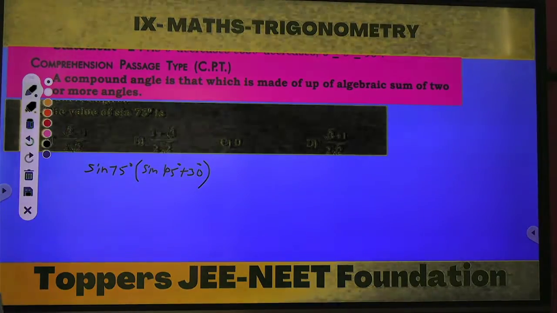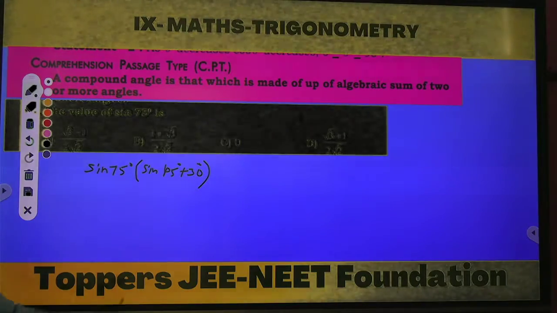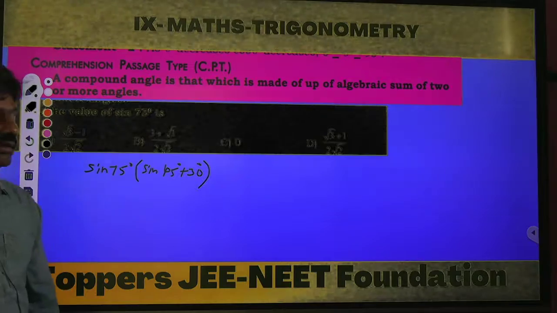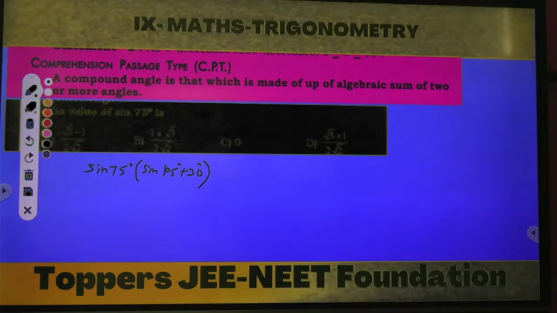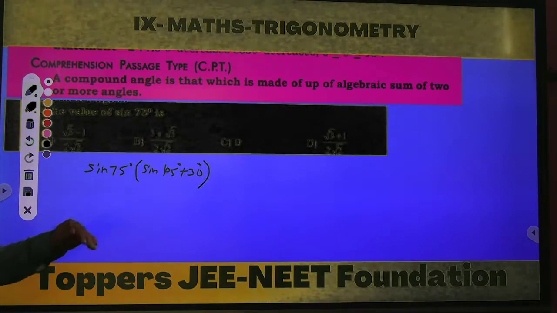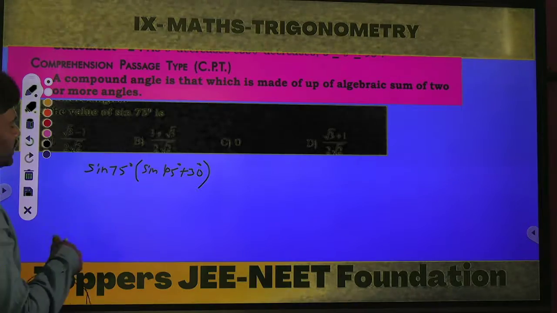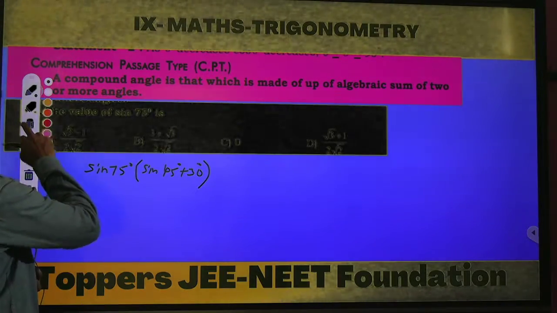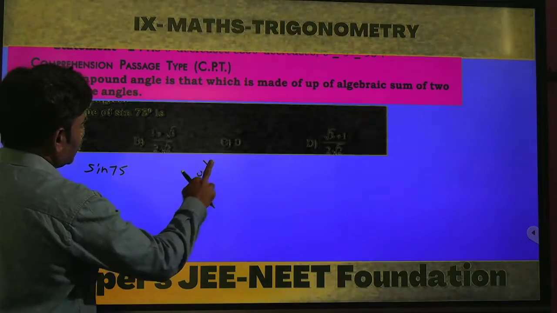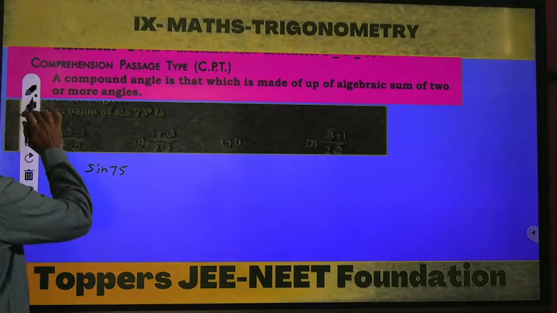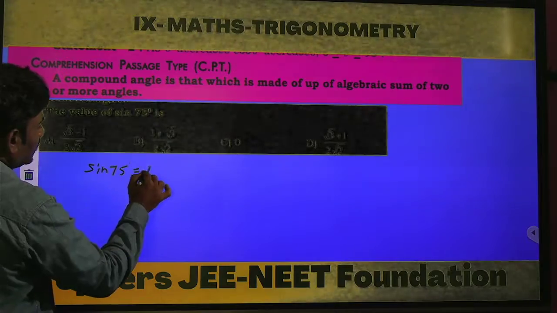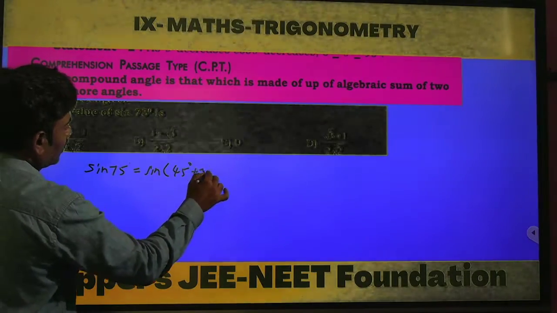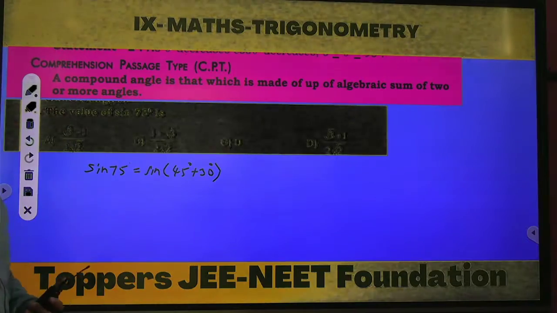Why? Because we know the sine 30 degrees and 45 degrees and cos 30 degrees and cos 45 degrees. That is why, as per my convenience, I have written like this. Now it is in the form of sine of a plus b. Sine 75 degrees is equal to sine of 45 degrees plus 30 degrees.